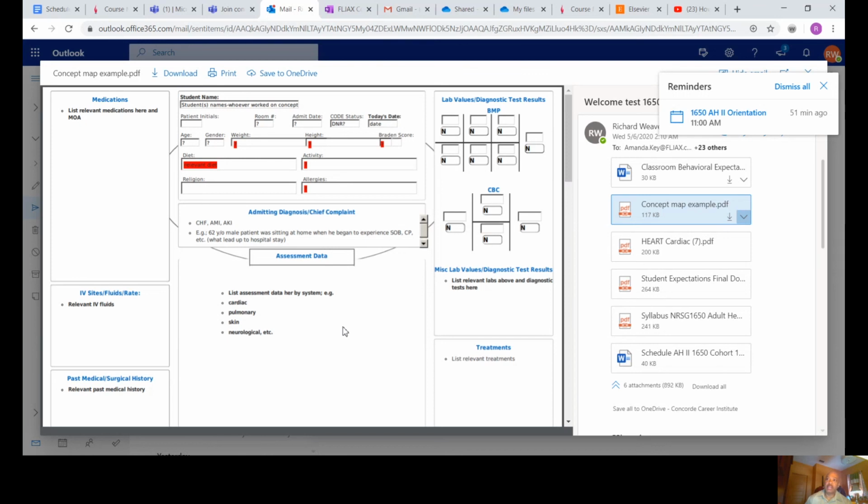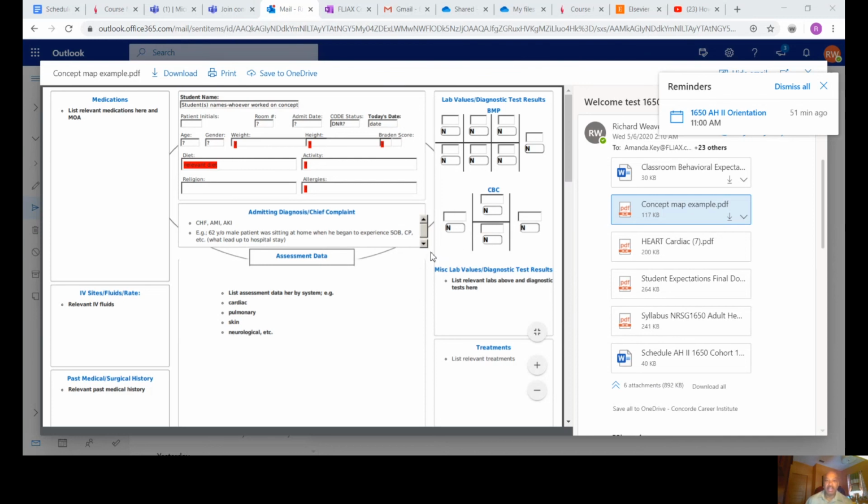So if I'm dealing with, let's say, congestive heart failure or heart failure, we're looking at what's happening to the patient neurologically, pulmonary-wise, GI-wise, renal, skin. So I like to break it down like that, and that will help you to remember your signs and symptoms a whole lot easier.